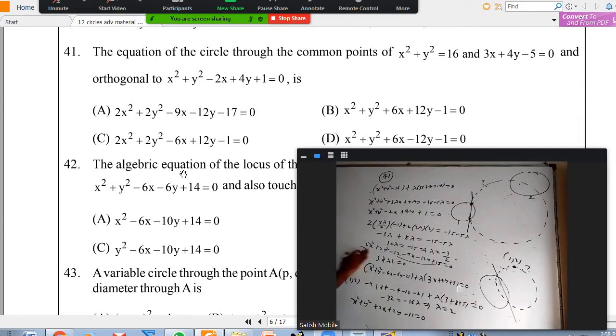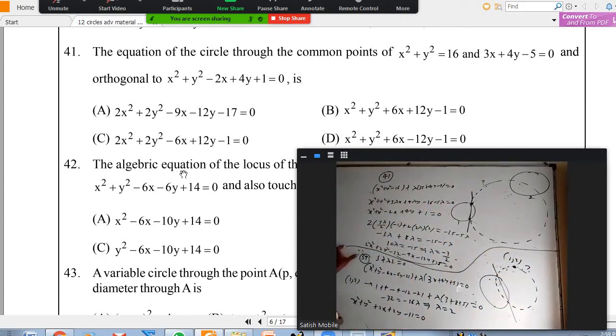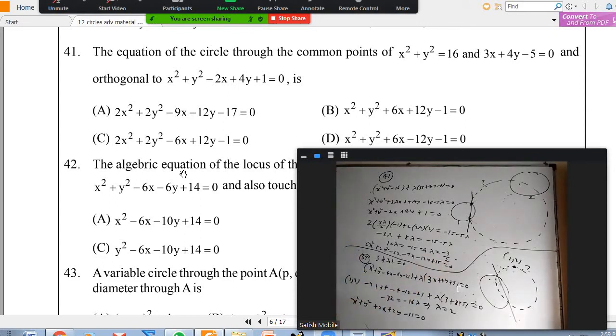Okay, model wise mostly we covered everything. Just some variety of questions, and these are the same repetitive questions also. Okay, 41 method is clear, right, everyone?